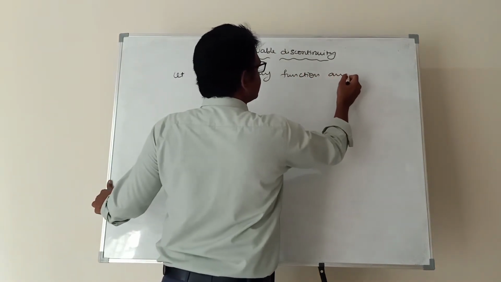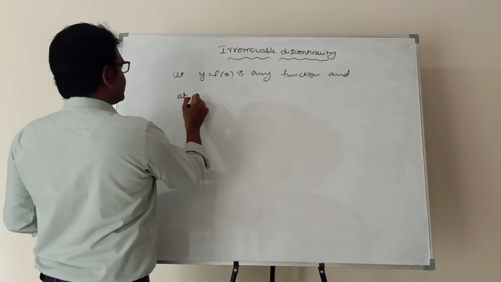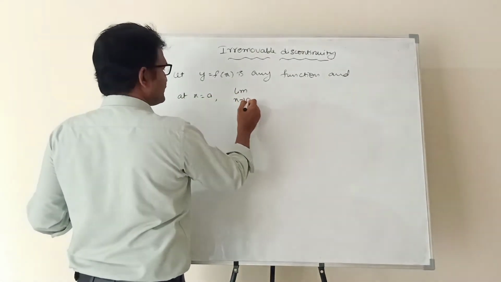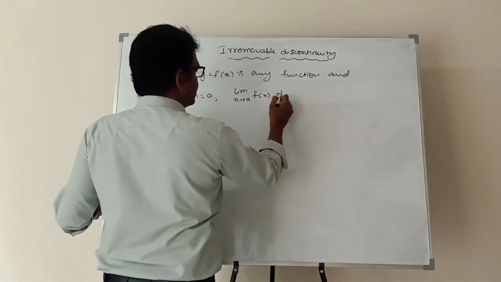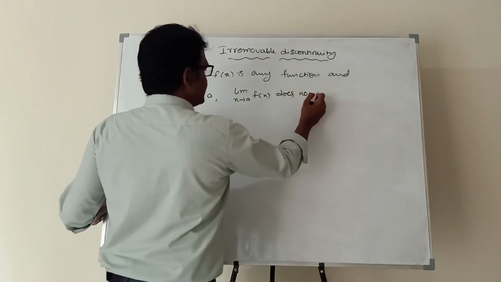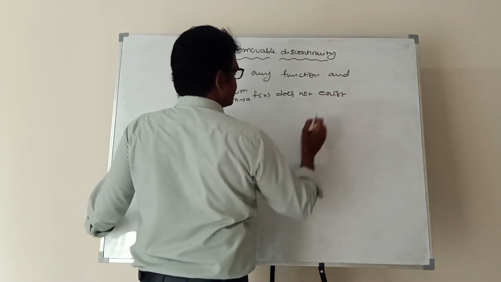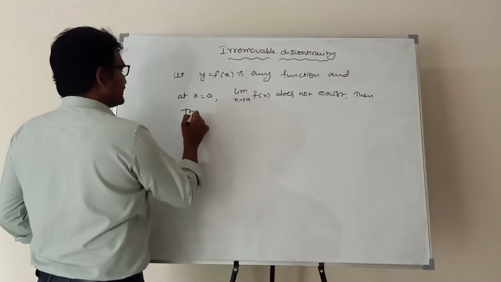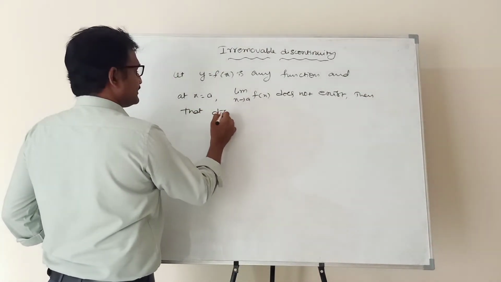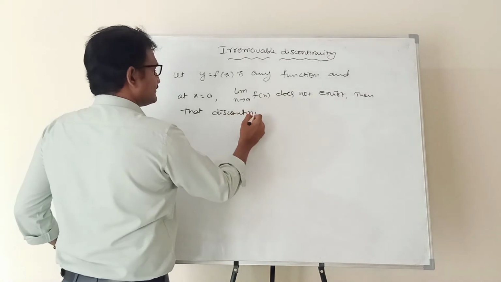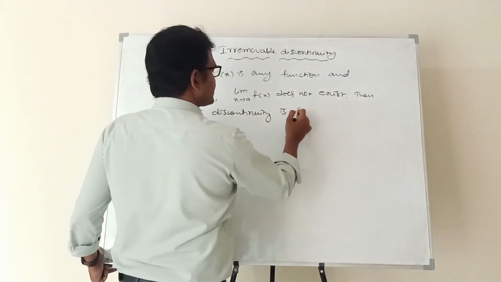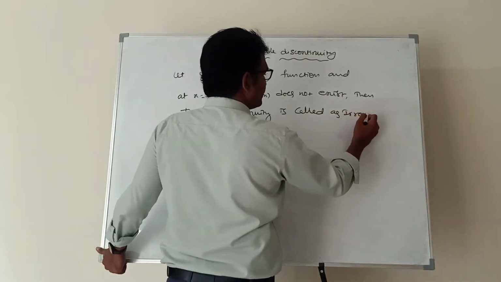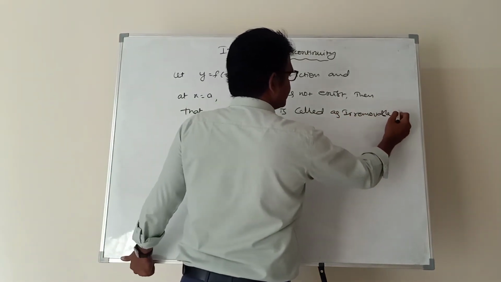Let y is equal to f of x be any function, and at x equal to a, limit x tends to a, f of x does not exist, then that discontinuity is called irremovable discontinuity.